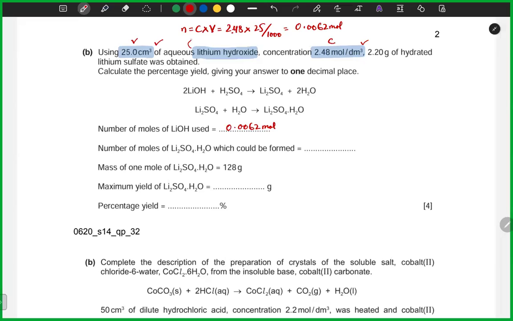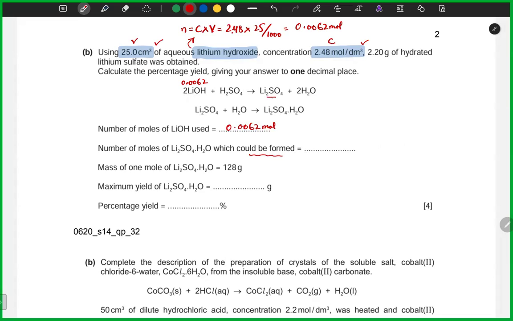But he was asking for the moles of lithium hydroxide, 0.0062. So we found the moles of lithium hydroxide. And he says number of moles of lithium sulfate. So coming back to this, he's asking, find the number of moles which could be formed. This is the theoretical he's talking about, which could be formed of lithium sulfate. So this is 0.0062 moles.